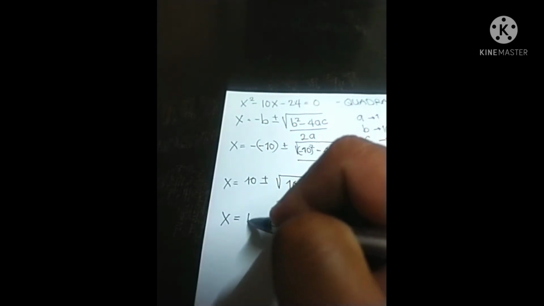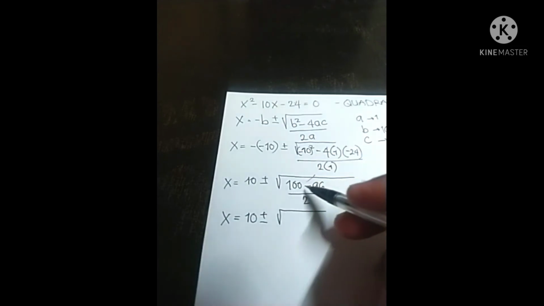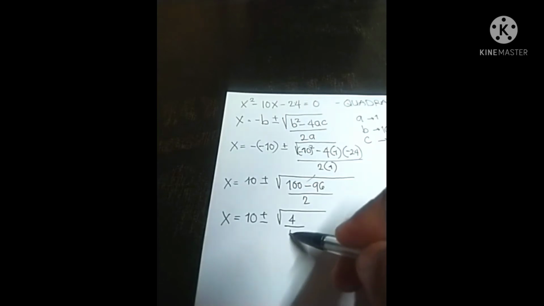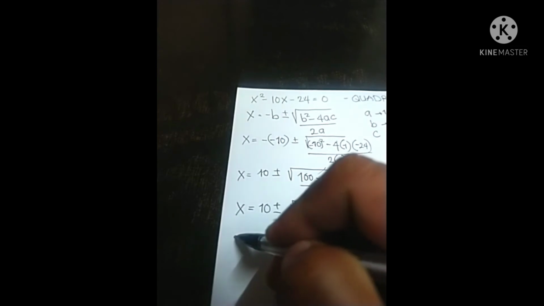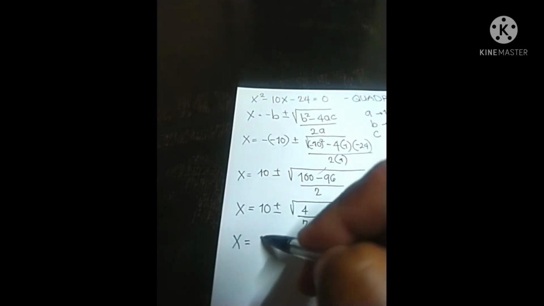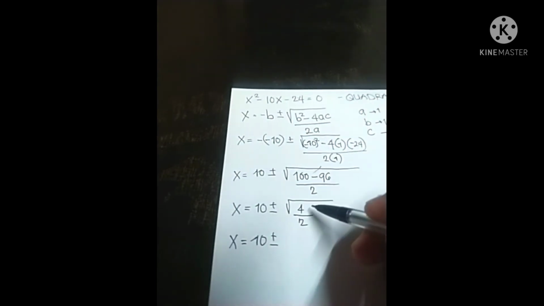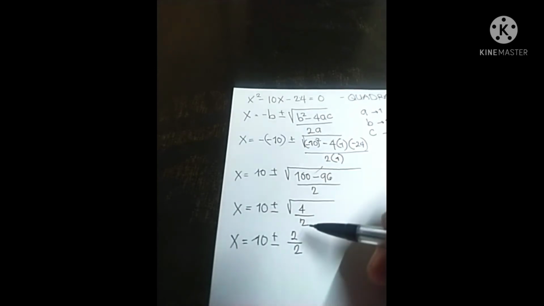So x is equals to 10 plus or minus square root of 100 minus 96 is 4 over 2. So x is equals to 10 plus or minus square root of 4 is 2 over 2.